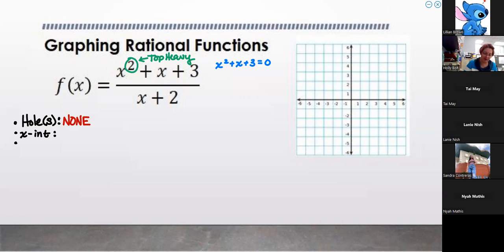I would have to use quadratic formula. All right, so let's try that. I have x equals negative b plus or minus the square root of b squared minus 4 times a times c, all over 2a.